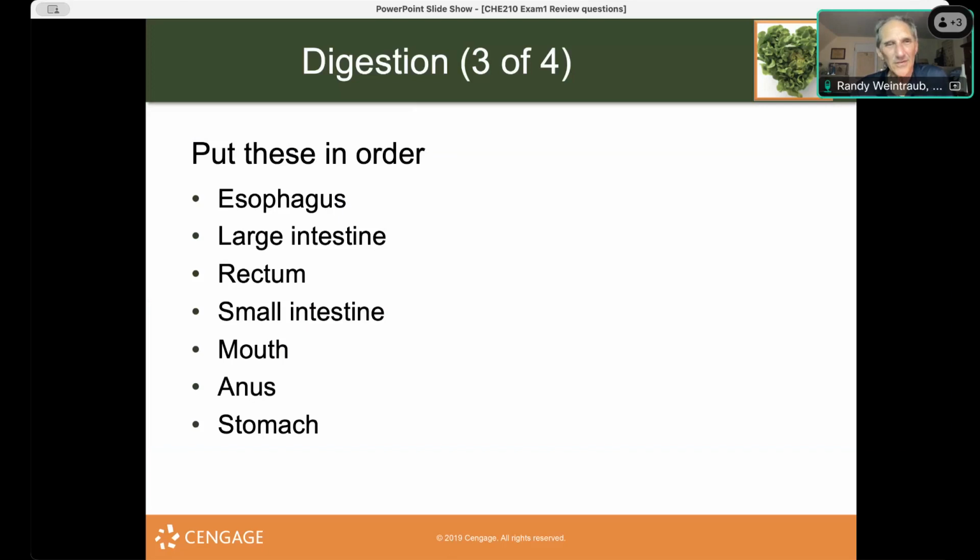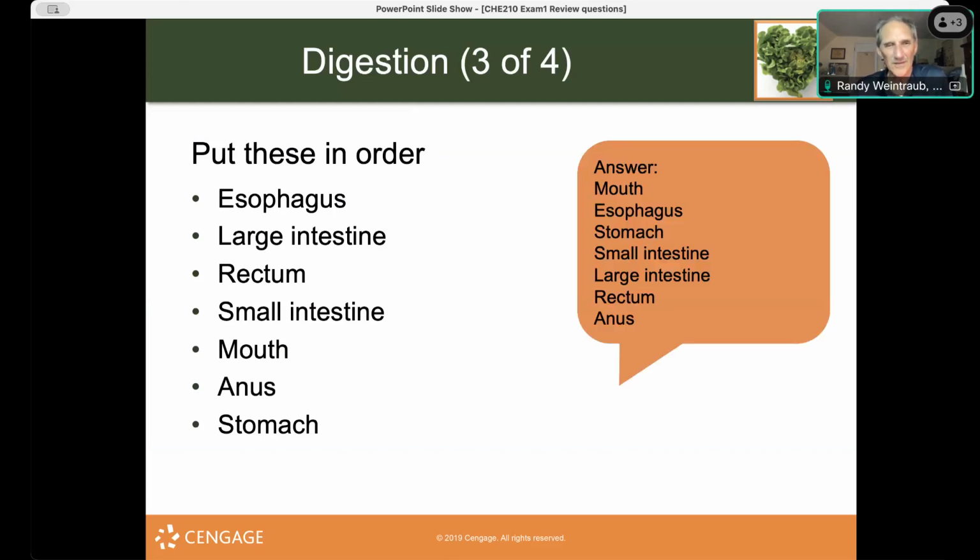And to order things. So we have mouth, esophagus, and what? Stomach, small intestine, large intestine, rectum, and anus.